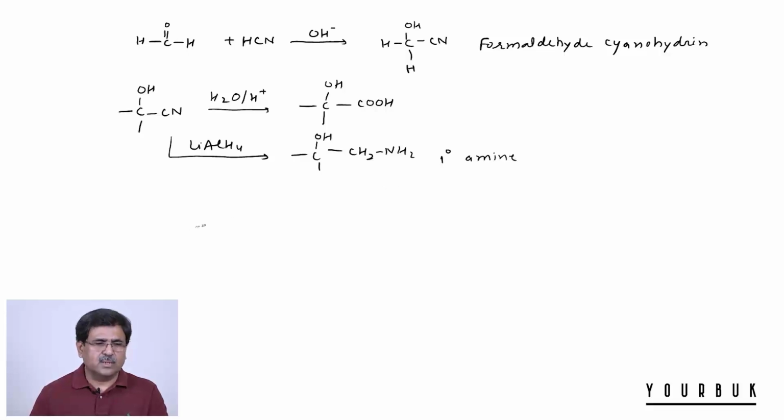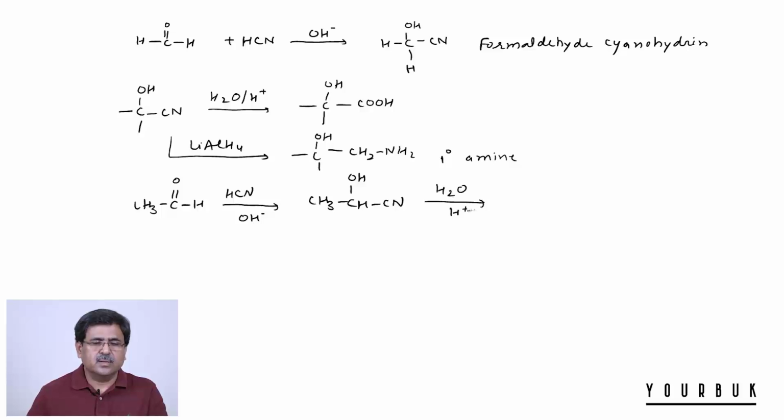Now we take one more example. This is called ethanal. Now when we react ethanal with hydrogen cyanide in alkaline medium, it gives a cyanohydrin. This is called cyanohydrin, and this cyanohydrin on hydrolysis gives 2-hydroxypropanoic acid.